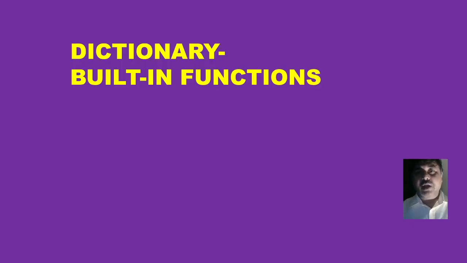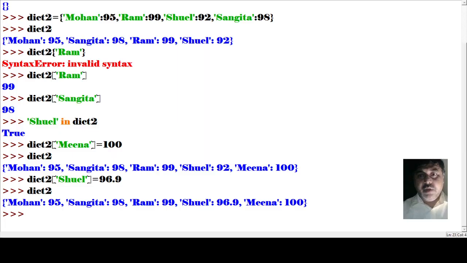See here, now I am going to show you the built-in functions. Let us see the inbuilt functions that we are going to have. Inbuilt function means what? Suppose I want to see the length.